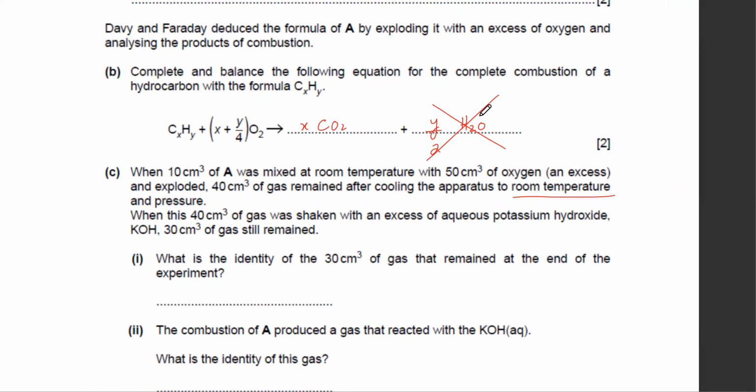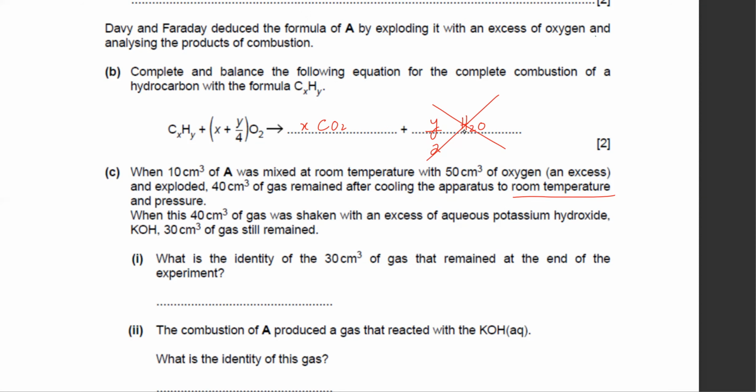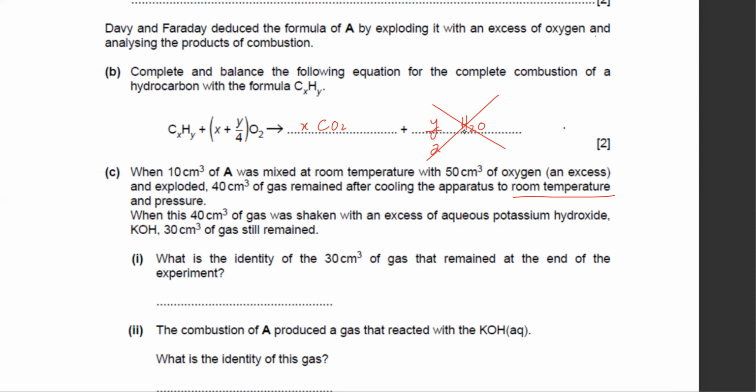There would be y by 2 moles of water, but it's not going to be in gaseous state. Okay? Is that clear? What you need to understand is if it's at room temperature, the volume of gas will not include water because it's not going to be in gaseous state.